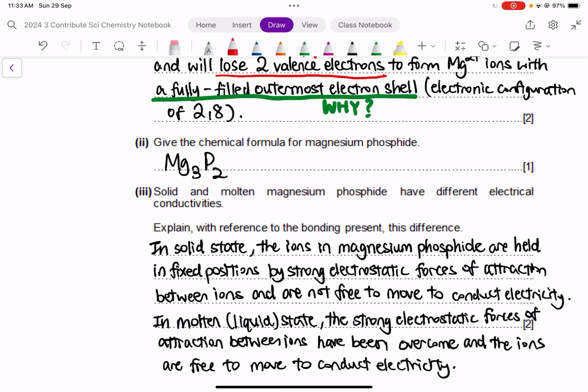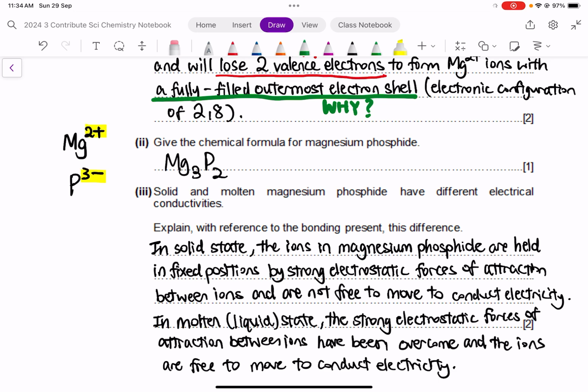So the chemical formula for magnesium phosphide is obtained by looking at the charges. Magnesium is in group 2. As mentioned in the previous part, it loses 2 valence electrons to form Mg2+ ions. Phosphide is P3- as given in part A. So the idea is to balance the positive and negative charges.